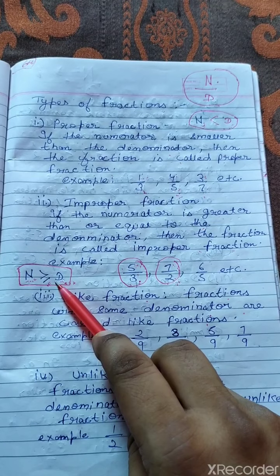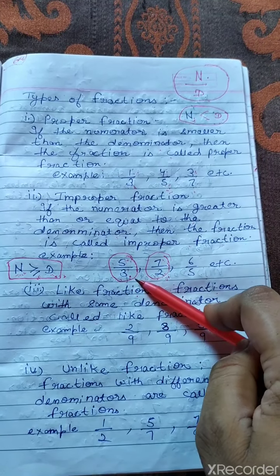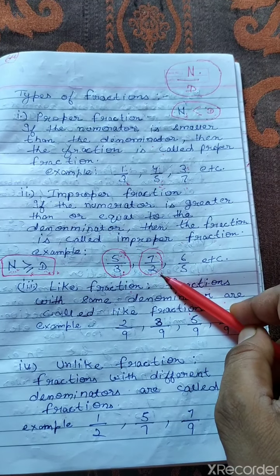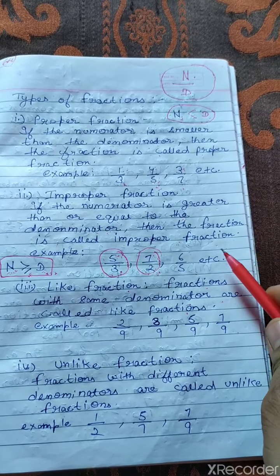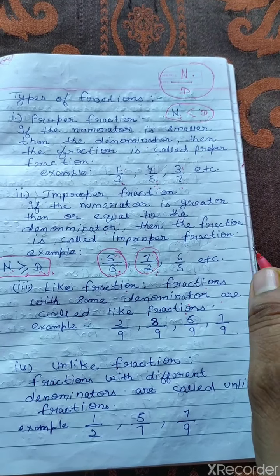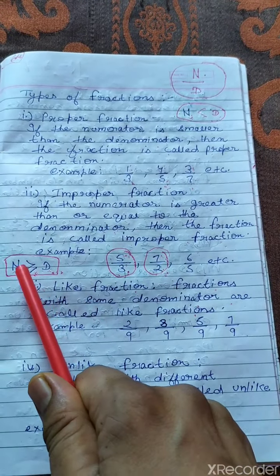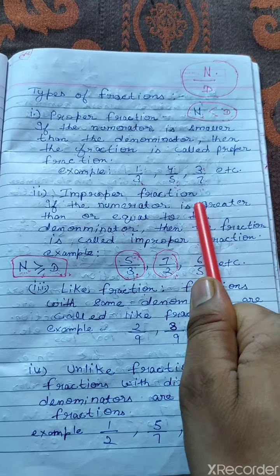Here 5 by 3, 5 is greater than 3, so it is improper. 7 by 2, 7 is greater than 2. Similarly 6 by 5. Now 9 by 9 is also an improper fraction, because when the numerator and denominator are equal, it is also an improper fraction.